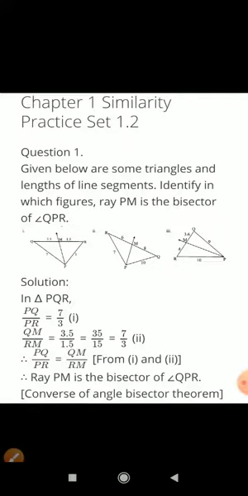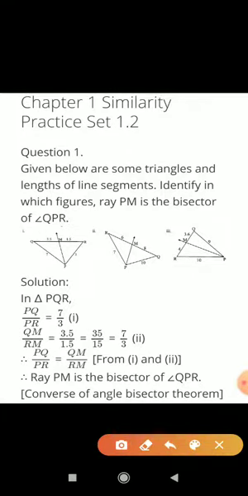Three diagrams are given. In each diagram there is a triangle PQR, and in this triangle some lengths of line segments are given, and we have to identify in which figure ray PM is the bisector of angle QPR.